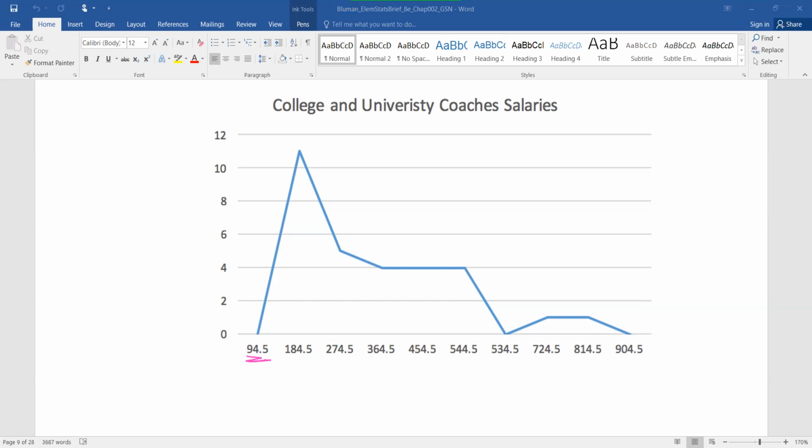Notice that it hit 11 there, and then your 5, and then your 4s, and then the 0, and then the 1s. And then it went 90 more to show that it was 0 here. Again, these two things are not necessarily needed. You could have just graphed it from here to here. After you graph those points, you would then just connect the lines.